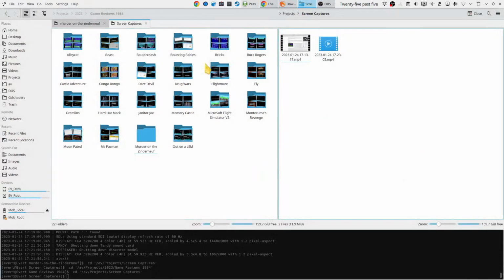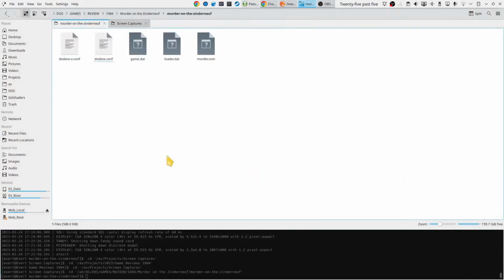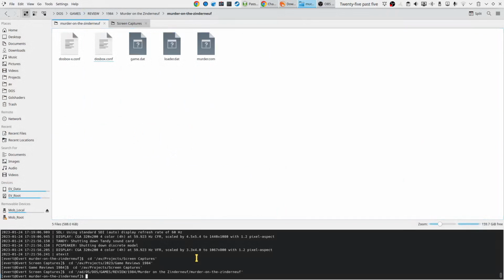And here it is. For some reason DOSBox X doesn't work and DOSBox itself does, so let's fire it up and see what it looks like.